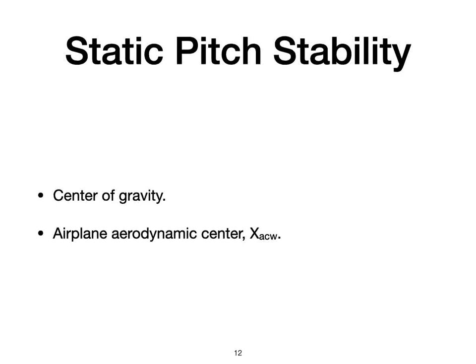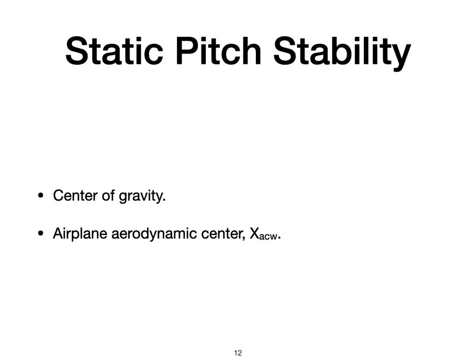If the center of gravity is ahead of the neutral point, the pitching moment derivative is negative, so the aircraft is stable. At the most aft center of gravity position, a typical transport aircraft has a positive static margin of around 5 to 10%.